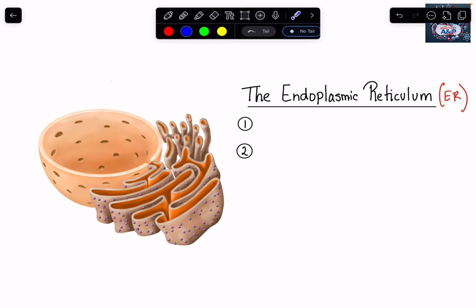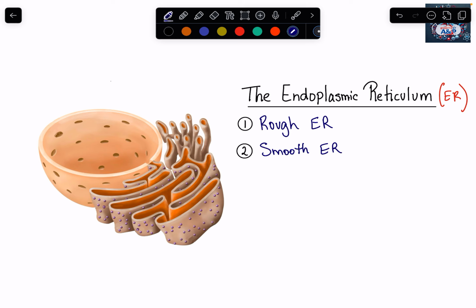To classify the difference between the two, we can say that the first one is the rough ER, or the rough endoplasmic reticulum, and the other one that doesn't have the little circles on them is called the smooth ER, or endoplasmic reticulum.